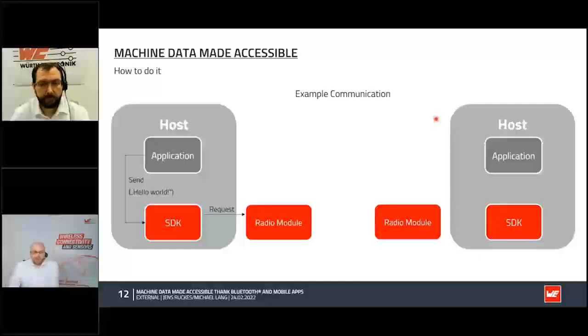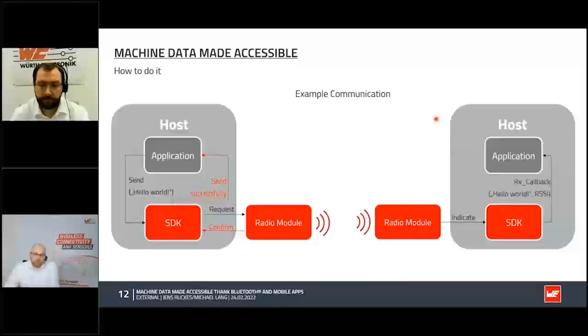As we have requested this sending process, the radio module sends out the data and confirms the sending, and this information comes back to the application processor, and it gets the answer, send was successful. On the other side, when the RF packages arrive, the radio module indicates the communication, and the hello world comes as a callback to the application processor, and also the RSSI value is transmitted.